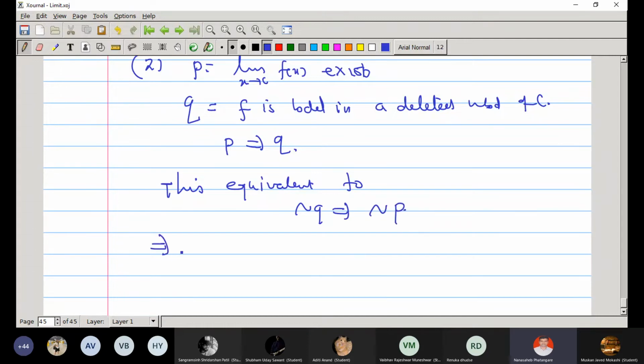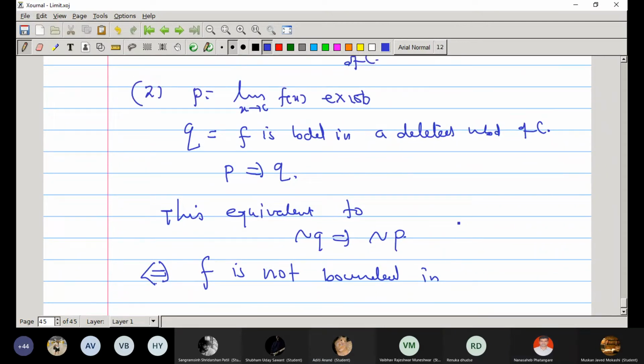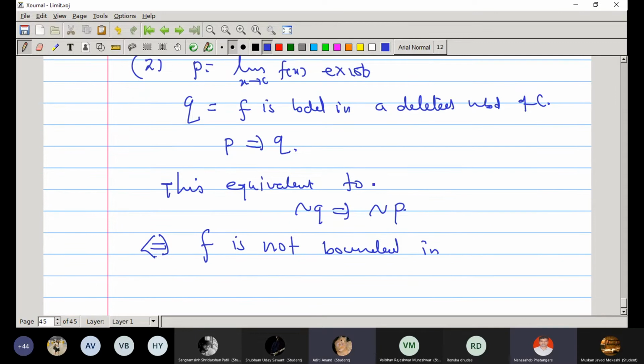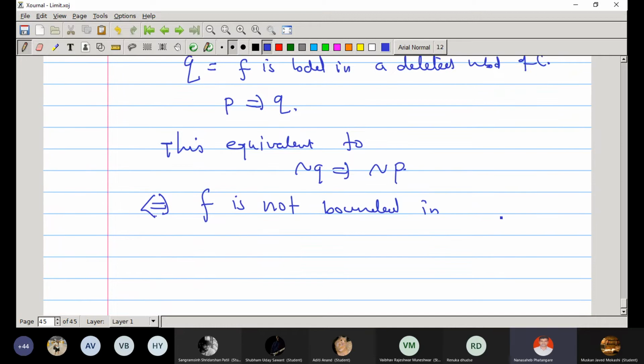That means, what does it mean? Not Q means f is not bounded in a deleted neighborhood of c. What is the statement Q? f is bounded in a deleted neighborhood, some neighborhood, right? And what is the negation? f is not bounded in any neighborhood.